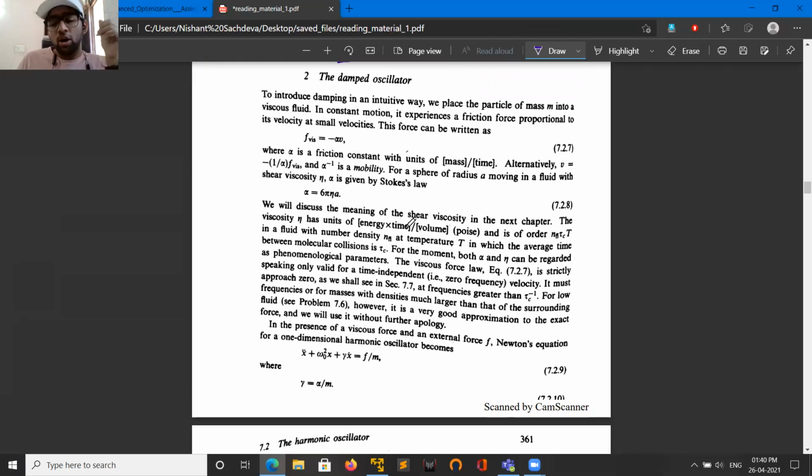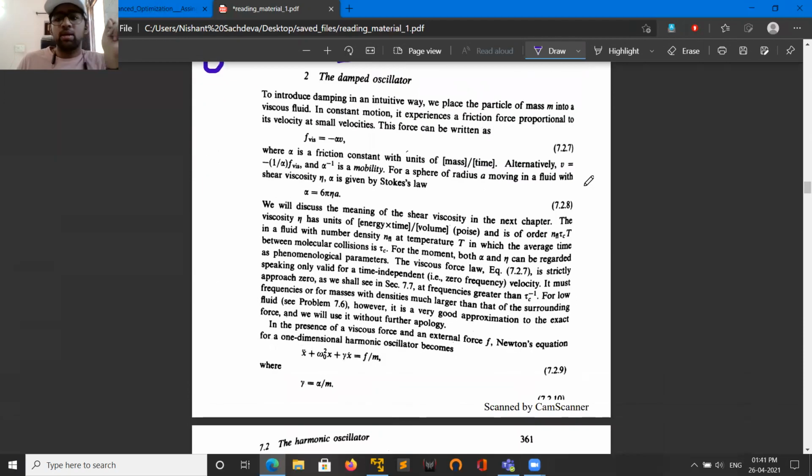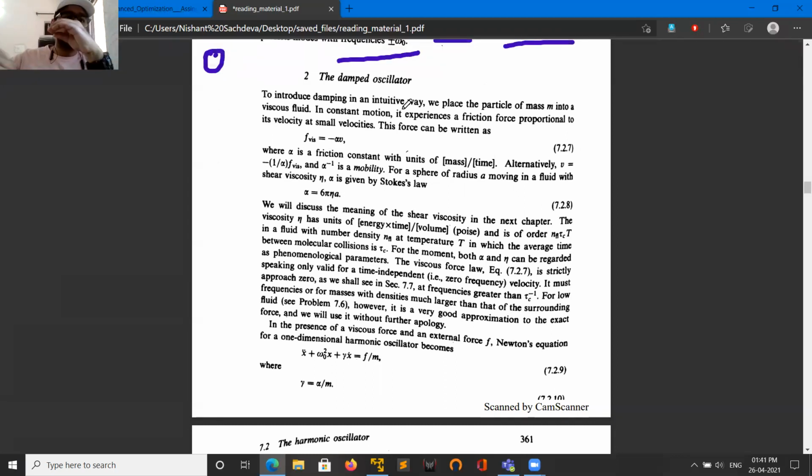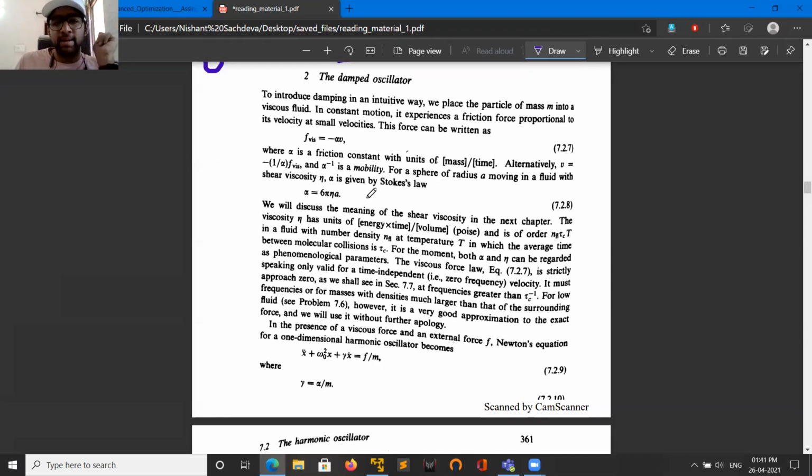Makes sense. For a sphere of radius A moving in a fluid with shear viscosity eta, it's given by the Stokes law, 6 pi eta A. We will discuss the meaning of shear viscosity in the next chapter, so not now.